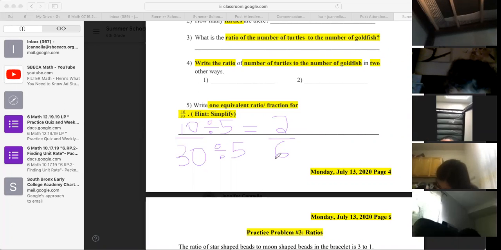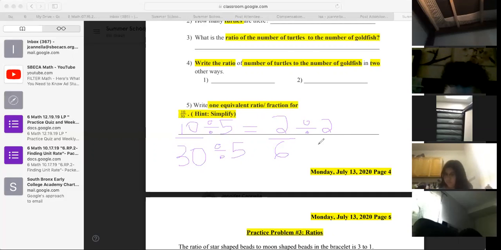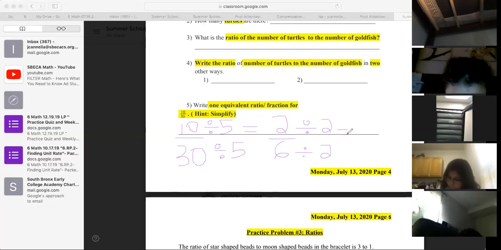Now 2 over 6, is that an answer choice? No. So what do I have to do with this 2 over 6? Simplify more, yes, by dividing by what? 2. Good, let's divide by 2 again. And if I divide by 2 again, what do I now arrive at? 1 over 3.